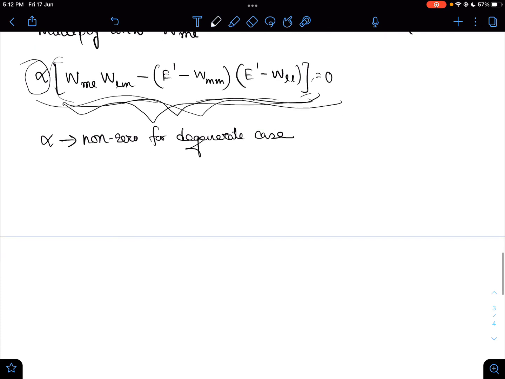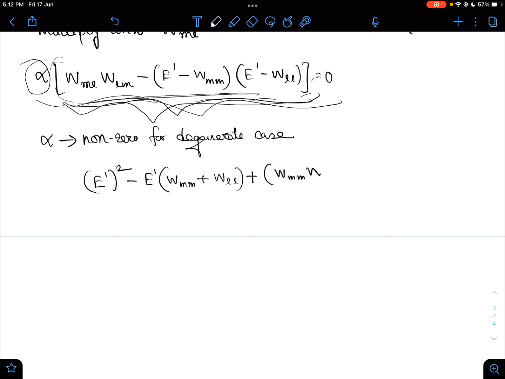If we arrange this term properly, we will get E1 square minus E1 times omega mm plus omega LL, plus omega mm omega LL minus omega ml omega Lm, to be 0.